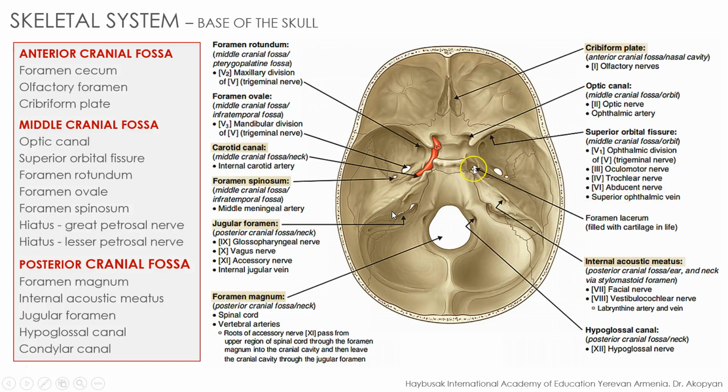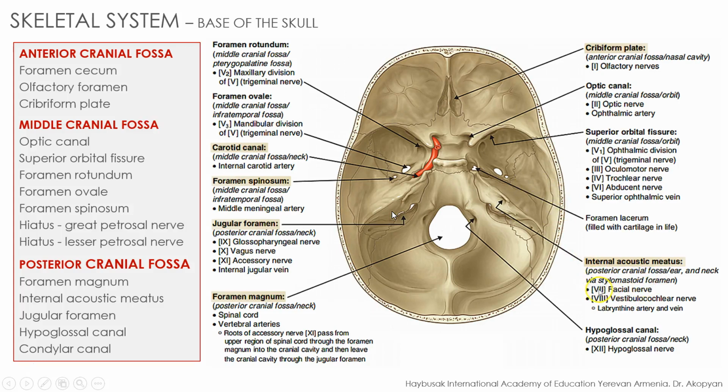Inferior posterior to that is the foramen lacerum, which interestingly is filled with cartilage in life. Within the temporal bone can be seen the internal acoustic meatus. This meatus forms forward through the petrous process and extends anteriorly and laterally to form the external acoustic meatus, which is not seen here.